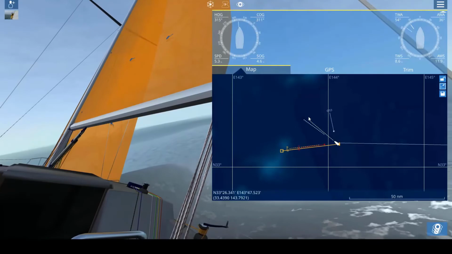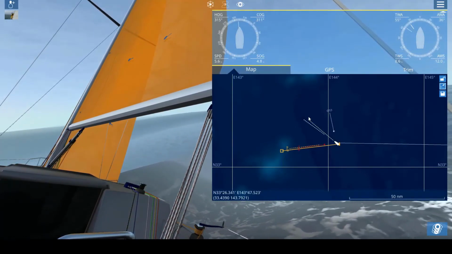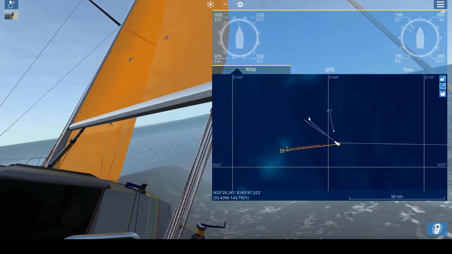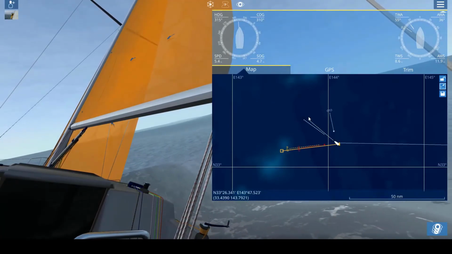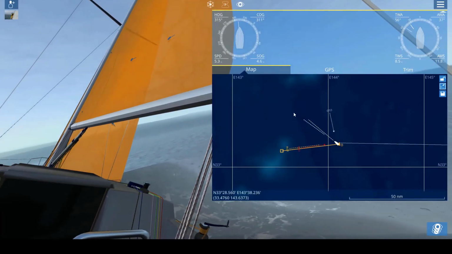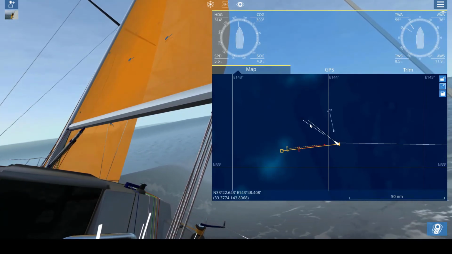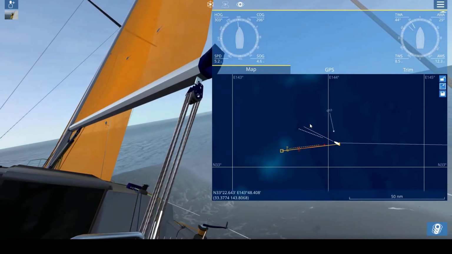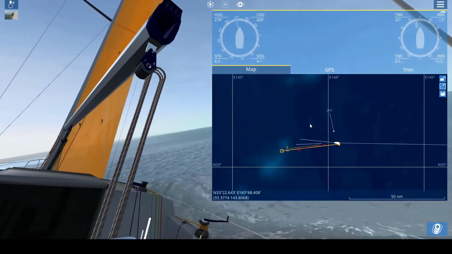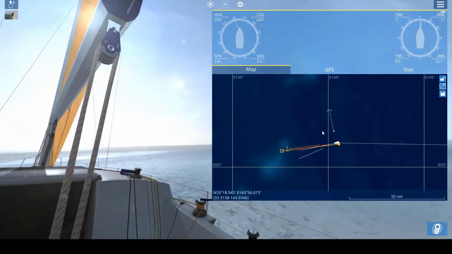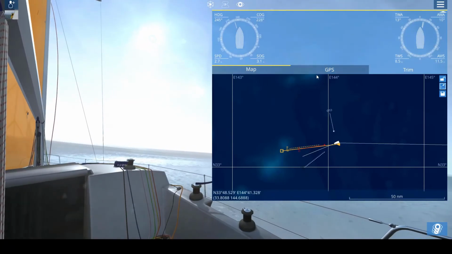until you find what is the best angle. Now, one note of caution here is that going in this direction that I am at the moment, in a northwesterly direction, is going to be very different from going in a southwesterly direction, because the current is going to help with our speed.